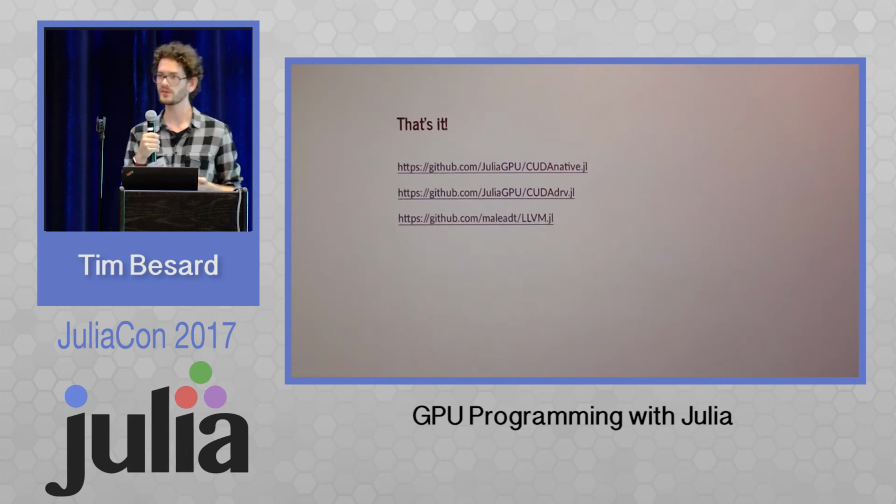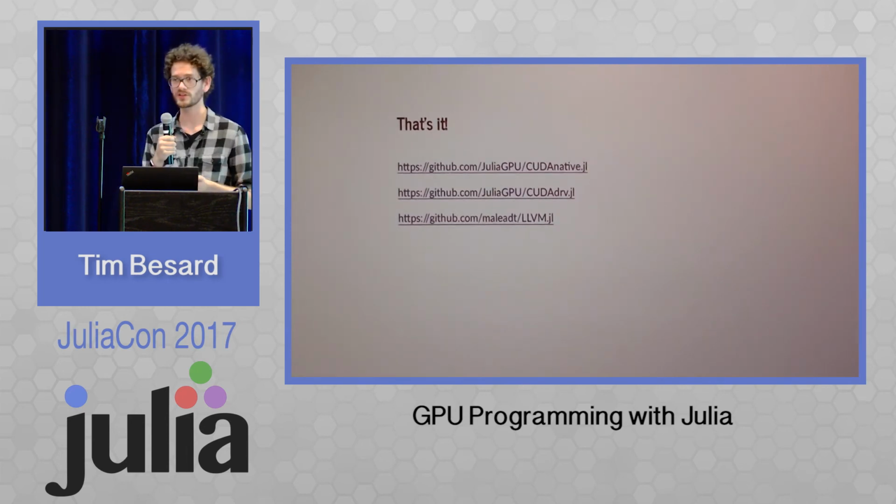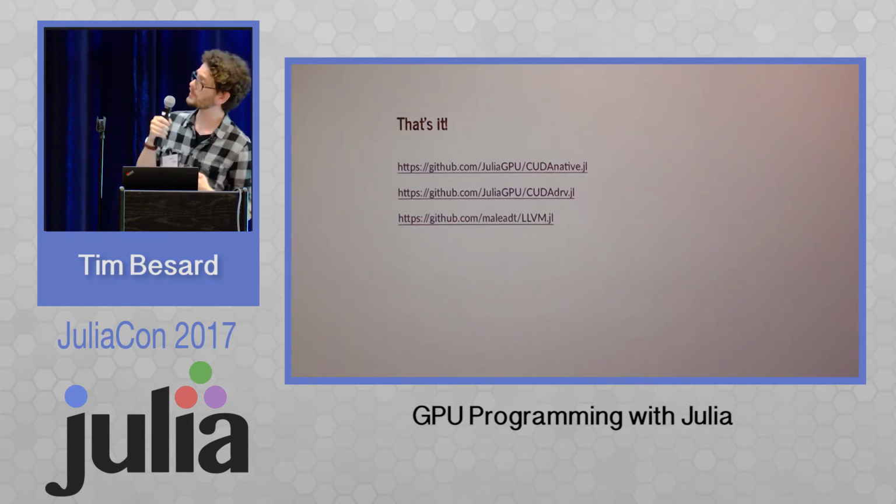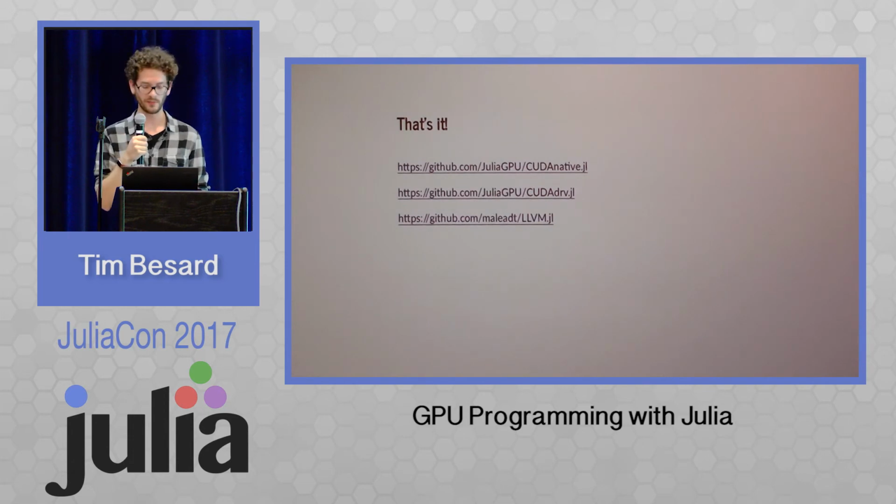Okay, that's it for now. I hope with this introduction you can make a start with running code on your GPU using CUDAnative. These are pointers to all of the 3 core packages that are being used.